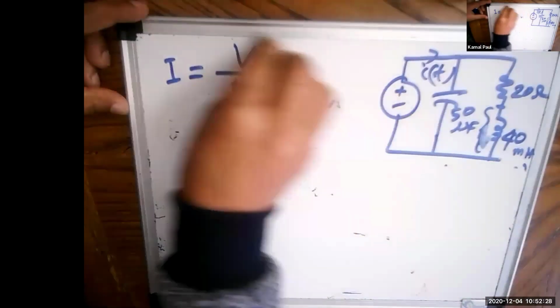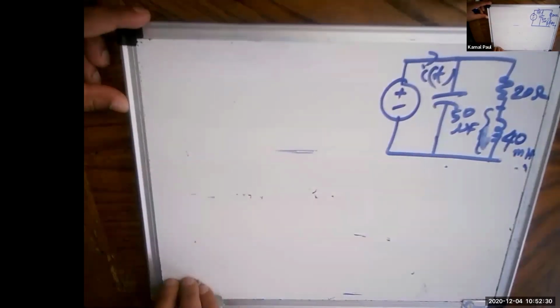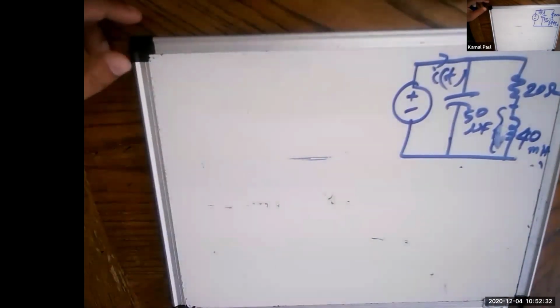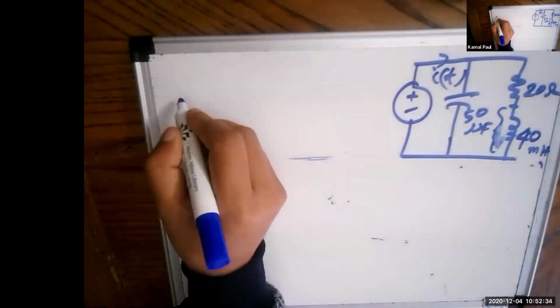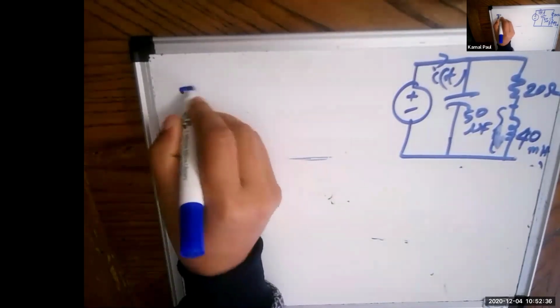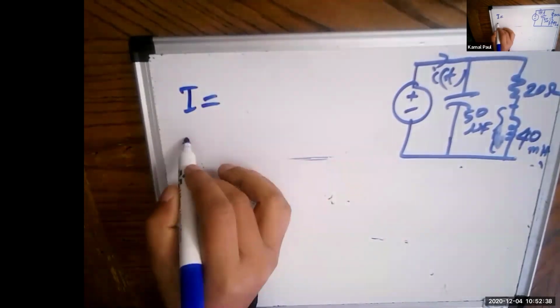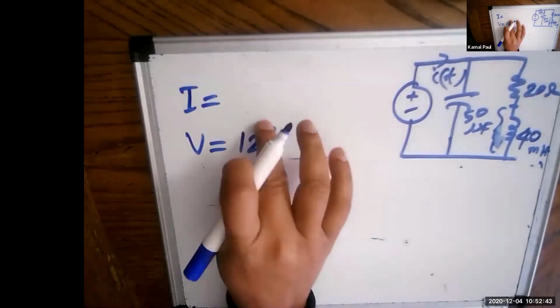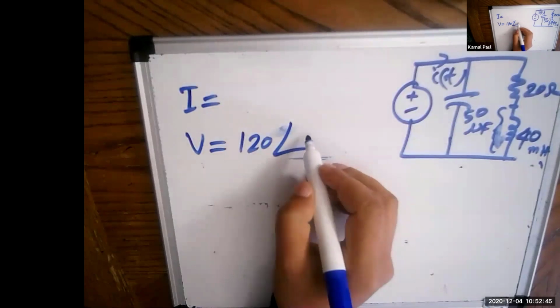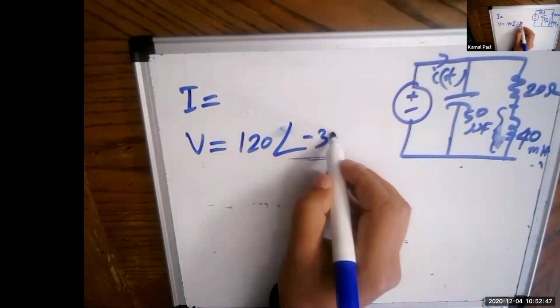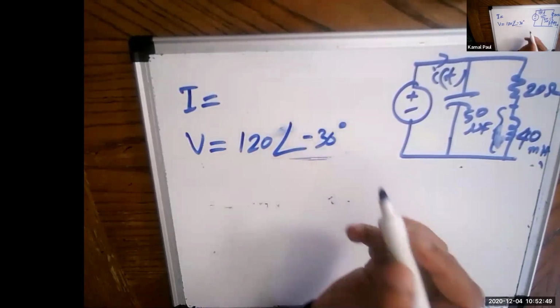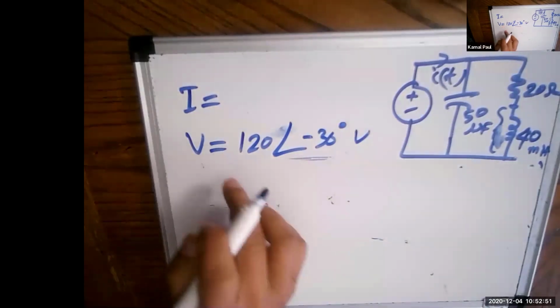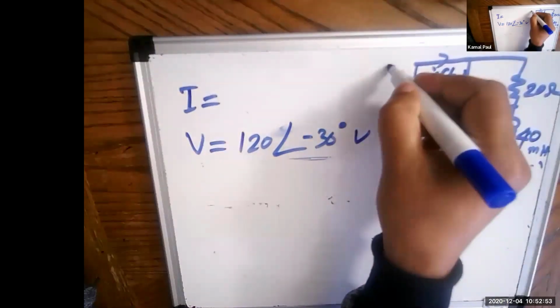Say from this circuit you have already got the current I and the voltage V, 120 with an angle of minus 30 degrees, in volts.